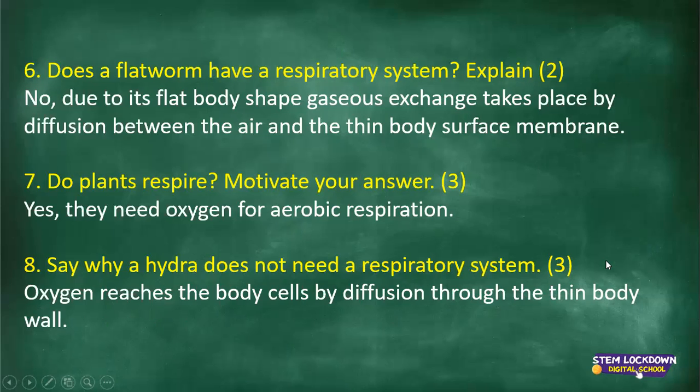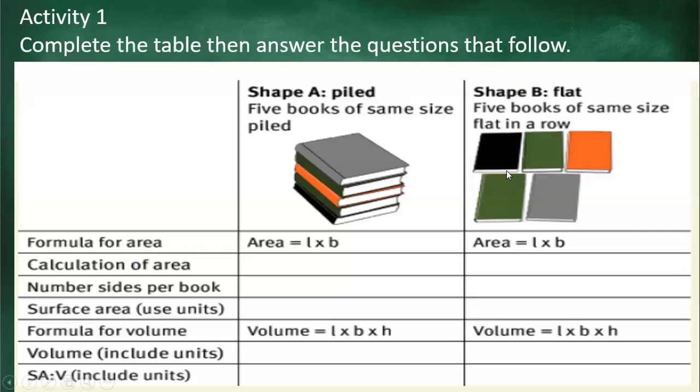Like we mentioned here, I think you're following the trend now, it's if it's thin and it is wide. So because of the thin body wall, diffusion is possible. So in order for an organism not to need a respiratory system, it would need to have the gaseous exchange organ thin enough to allow the process; the conditions need to be conducive for diffusion.